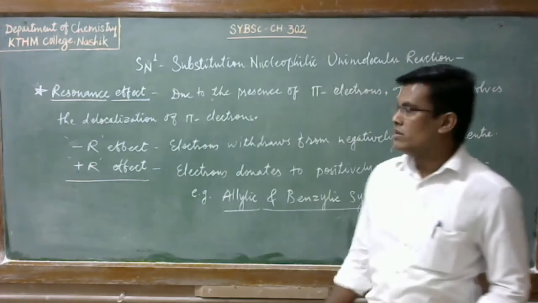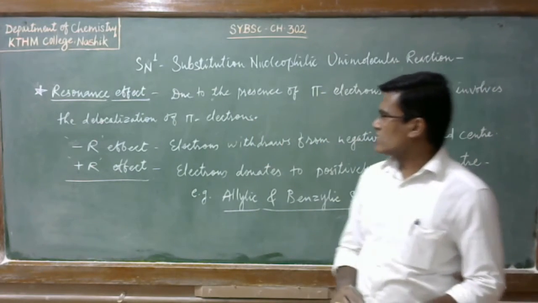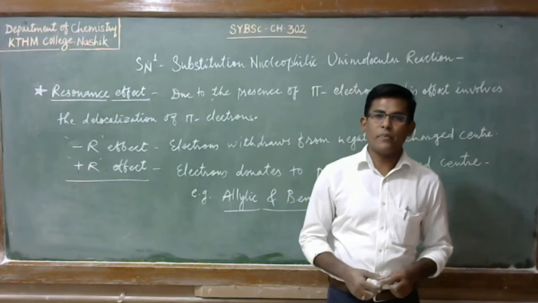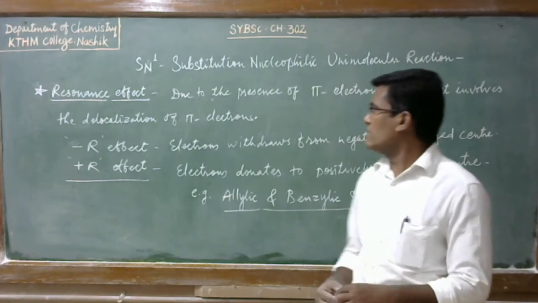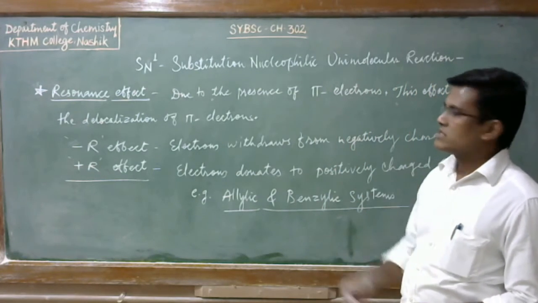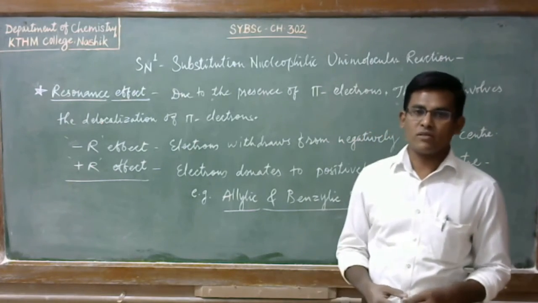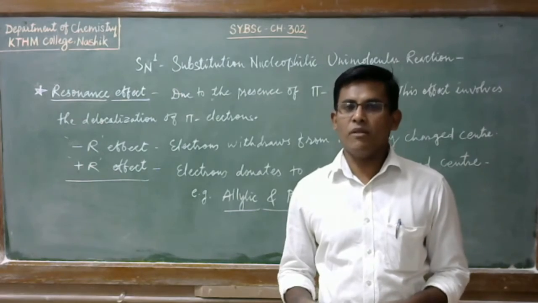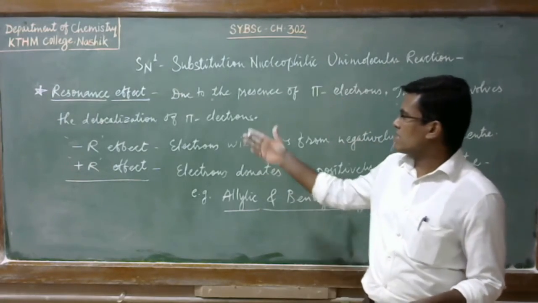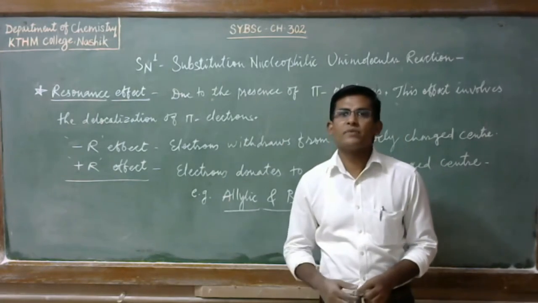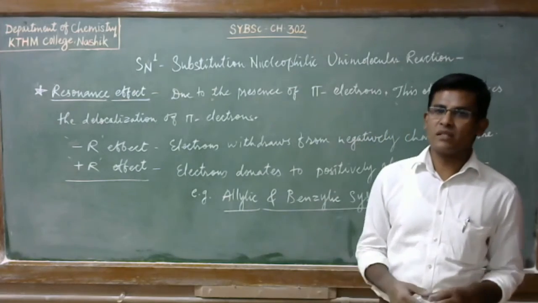Alright. So this resonance effect also affects the rate of the reaction. Resonance effect we can see due to the involvement of pi electrons, delocalization of pi electrons. This resonance effect is of two types: minus R effect and plus R effect.